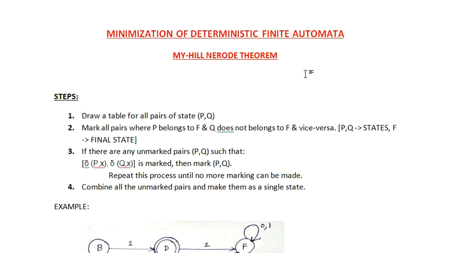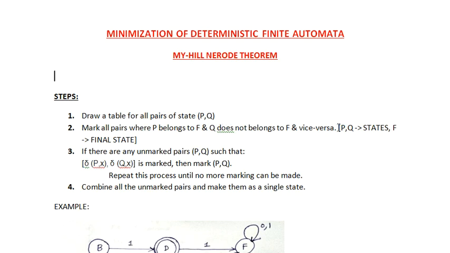Basically, in minimization of a deterministic finite automata by using the Myhill-Nerode theorem, you will come across these steps. First, you have to draw a table for all the pairs of states. Then mark all the pairs where P belongs to F and Q does not belong to F, and vice versa.